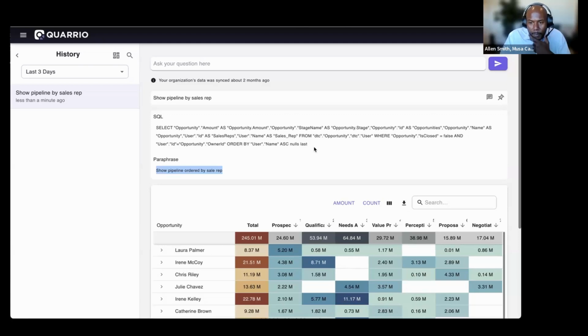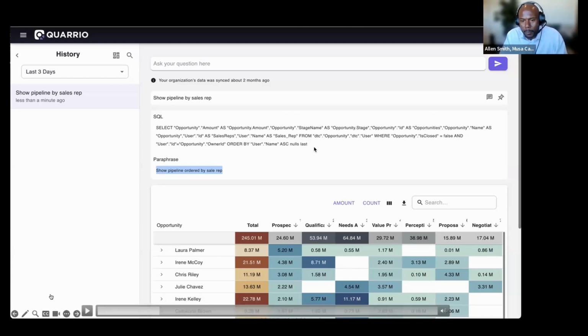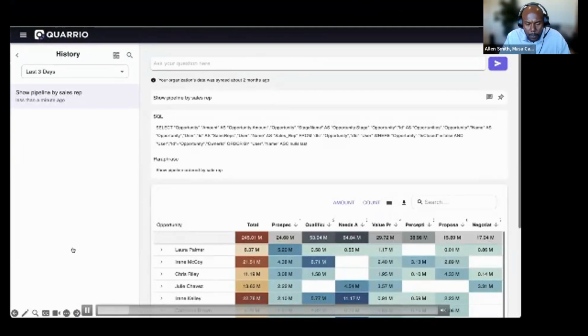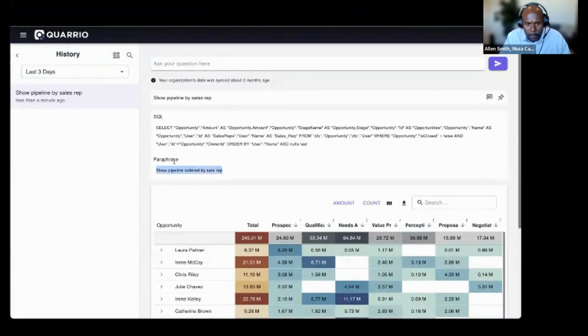As with Gen AI, you can ask specific questions. Now you can ask questions about your data. The first thing we generate is our understanding of your question. We ask, is this what you meant? Then here's the SQL we're generating.